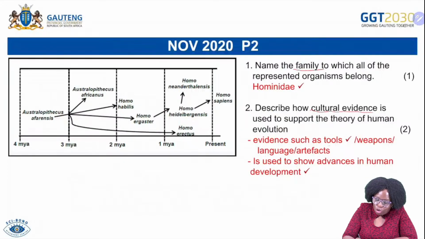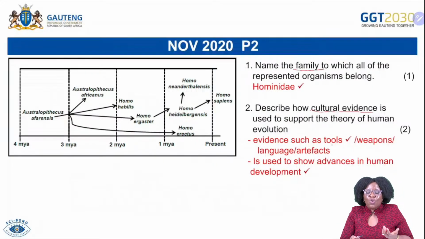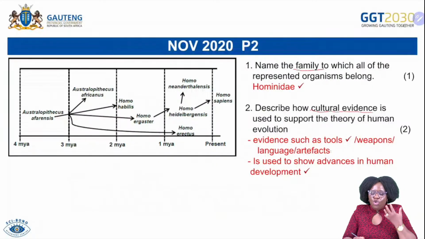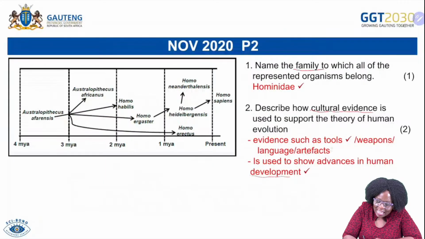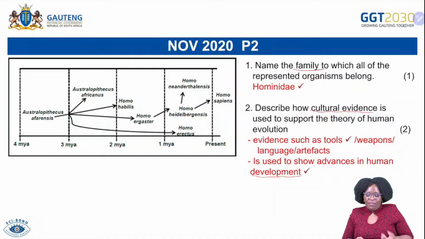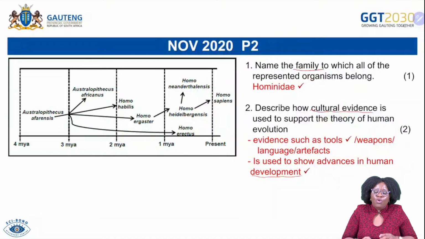Evidence such as the use of tools and weapons, language, and the artifacts used by humans is used to show advances in human development. We are communicating, you are able to hear me, we are really advanced. I can use the gadgets because these are the tools that I'm using to engage with you in this class.